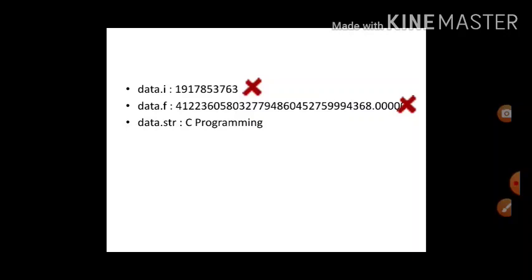It will overwrite the previous value. So the point you need to remember is that when you use a union, only the last assigned value will sustain and all others will be replaced. You can hold only one value at a time in a union.